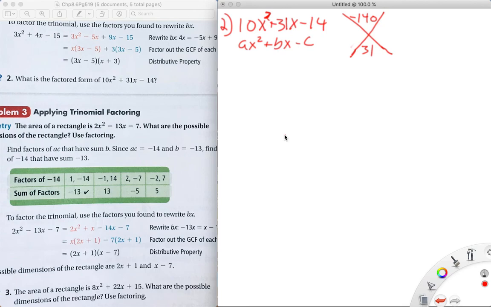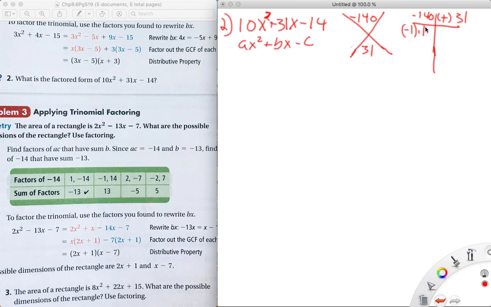So now I have to think of some factors that when I multiply them, I get negative 140, and when I add them, I get 31. You can just go down in number order. Since the sum is going to be a positive number, my smaller number has to be negative.